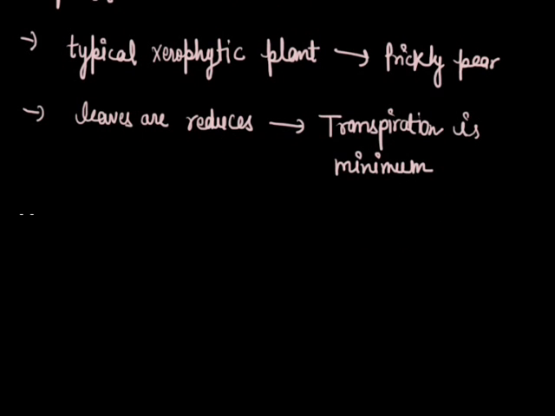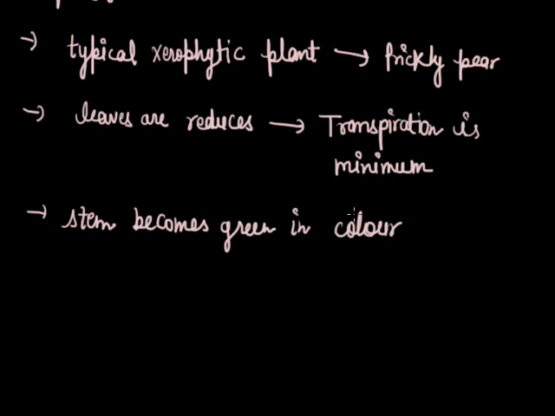Stem becomes green in color and looks like a leaf. Such a stem is called a phylloclade. Some of the xerophytic adaptations in plants are given below.